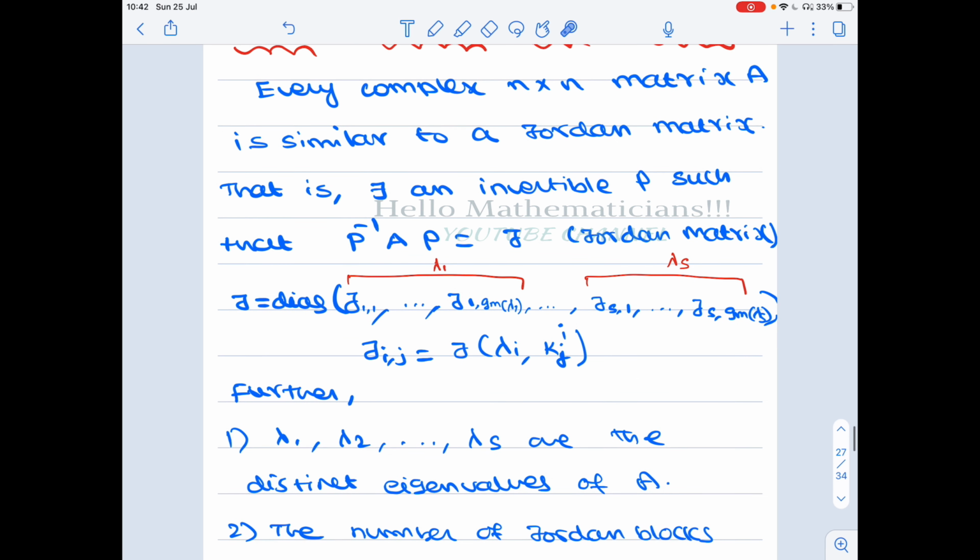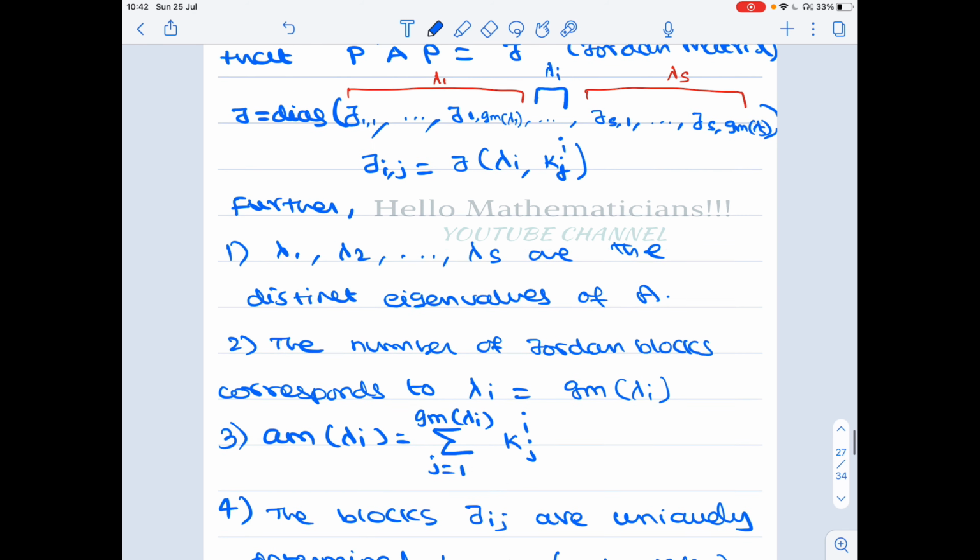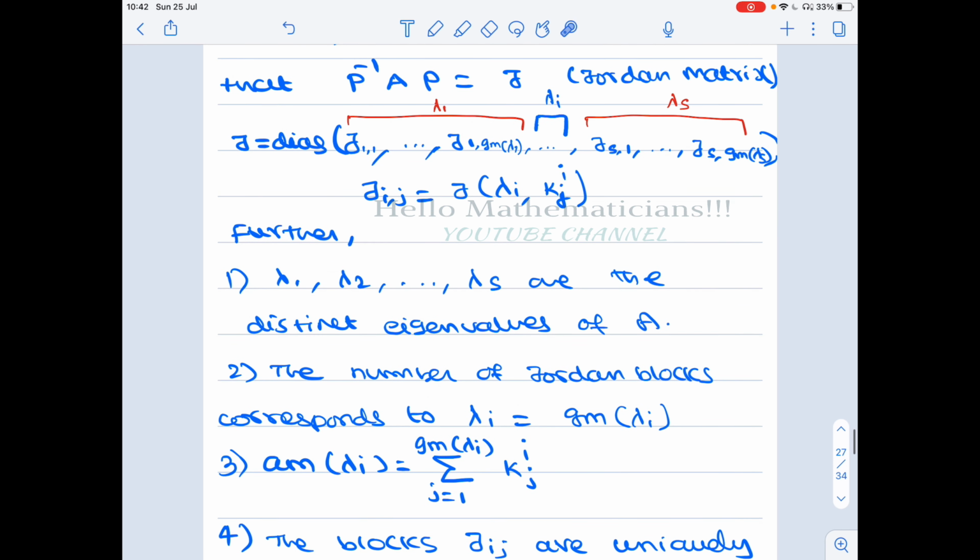Suppose, let's put it here, there will be some blocks between this gap. Here you have some blocks, here you have some blocks, and here also you will have some blocks. Let's assume that the blocks here correspond to the eigenvalue lambda i. How many blocks correspond to the eigenvalue lambda i?